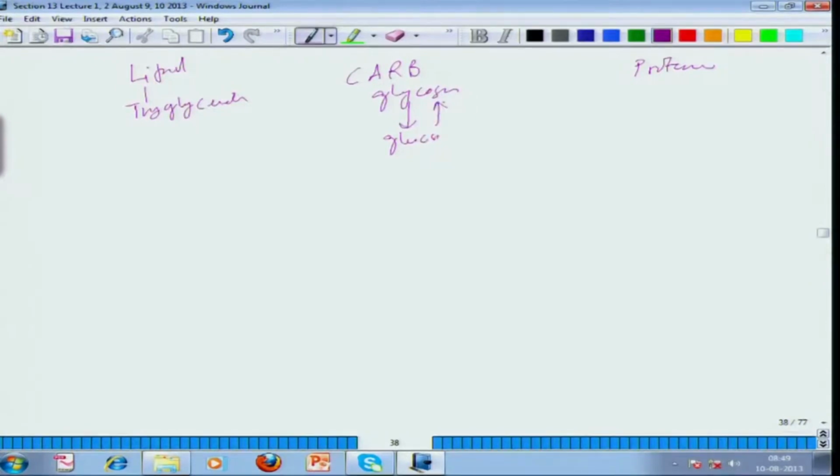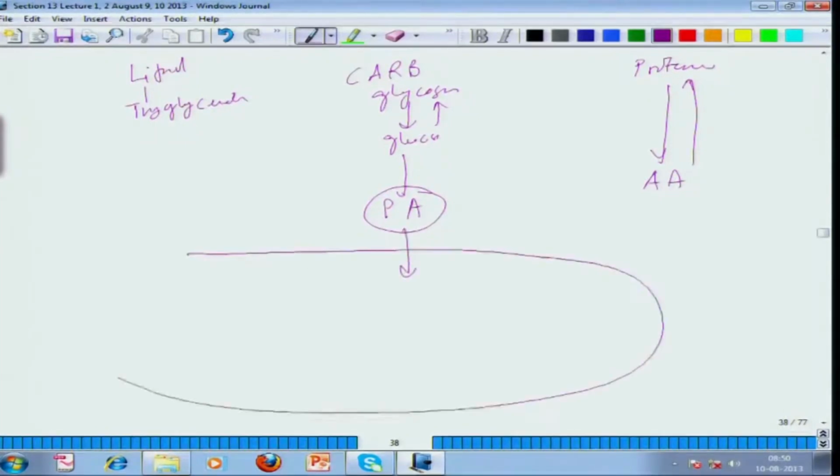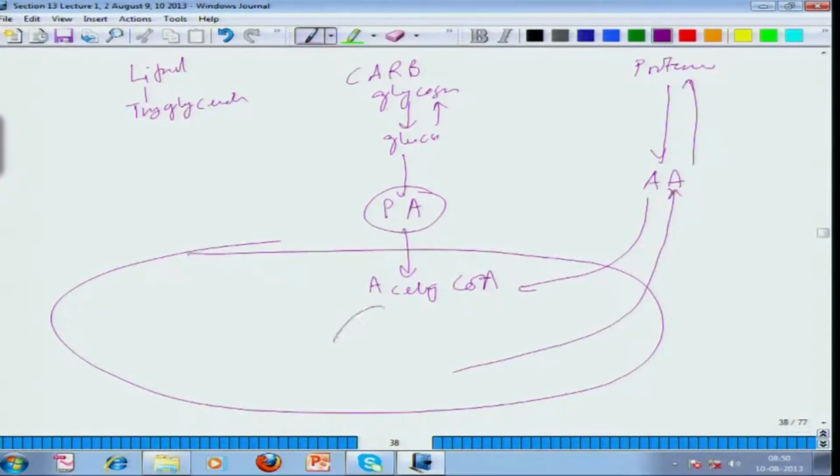Again, these are all proteins, amino acids, and all these are in that whole process. This glucose is forming pyruvic acid, which I am putting as PA, and that is entering into the mitochondria for the TCA cycle, where acetyl coenzyme A forms. These amino acids are also going in both ways, and here you have the TCA cycle.